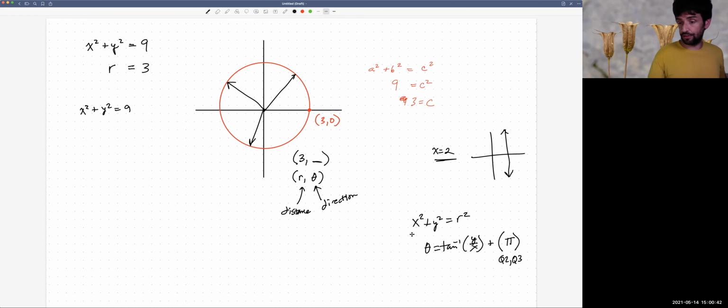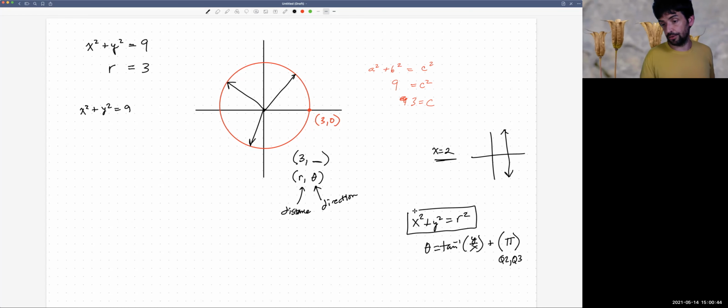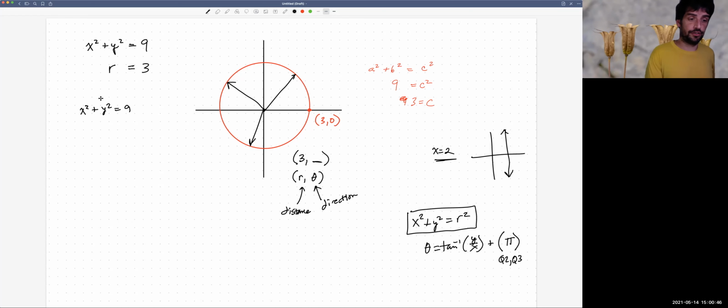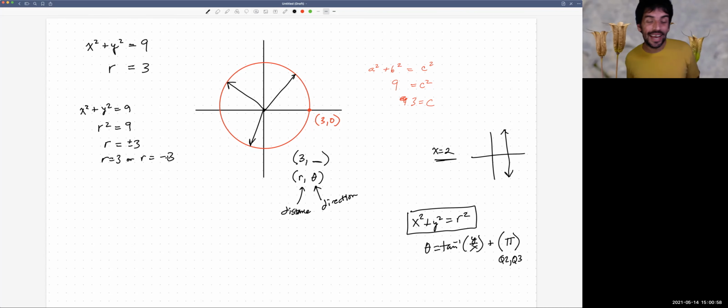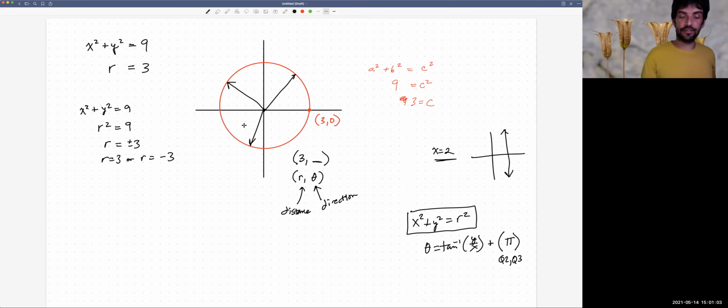But the important part for us is this x squared plus y squared equals r squared. So if I want to convert this to polar, I can replace x squared plus y squared with r squared. This gives us 2 equations, plus or minus 3. So r equals 3 or r equals negative 3. But they both describe that circle, because remember, if r is negative 3, all it says is point in a direction and go backwards.